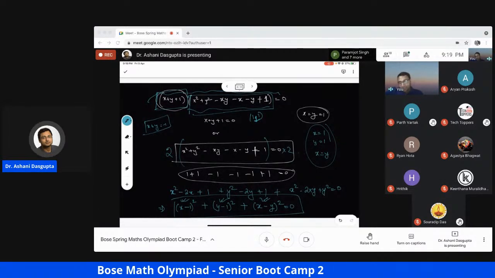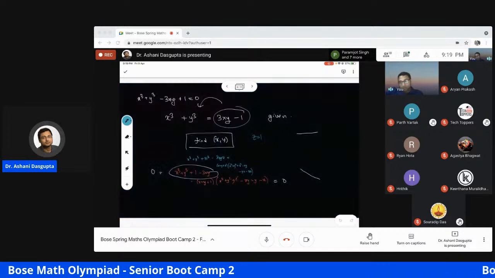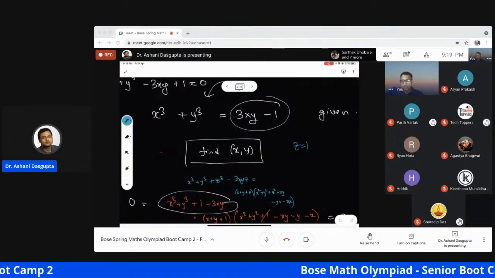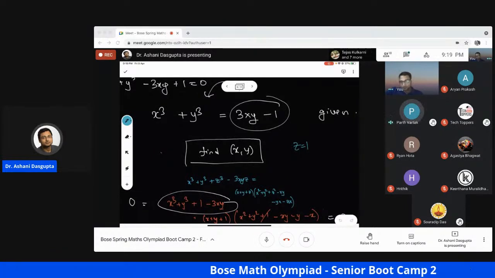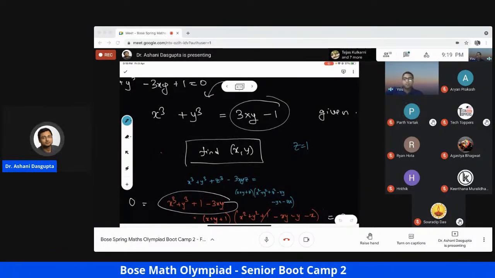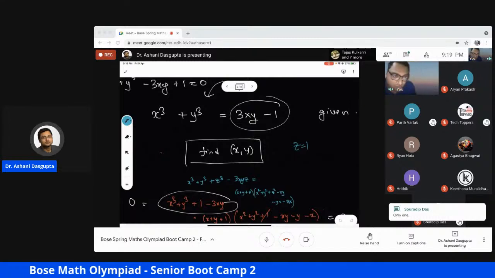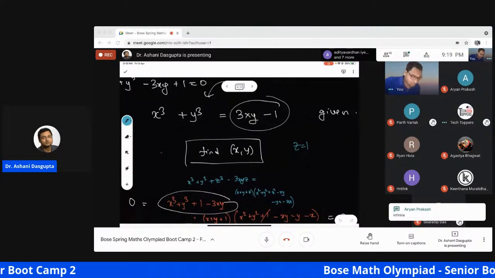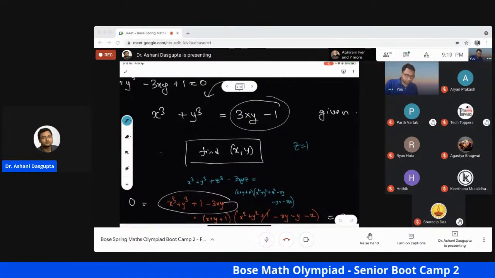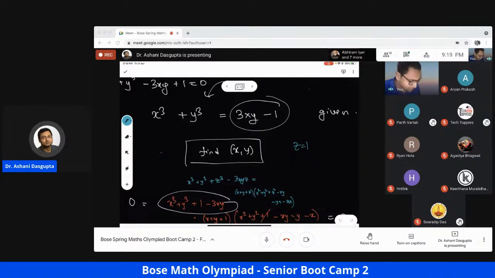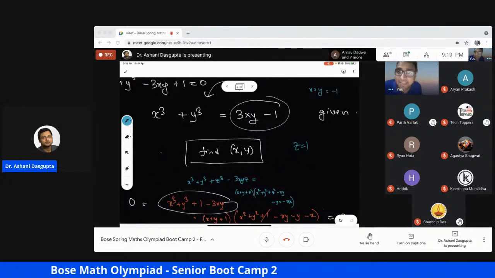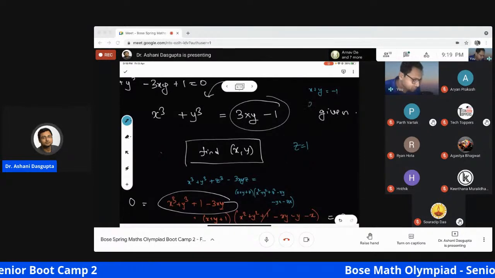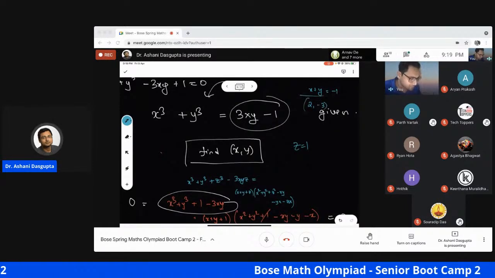So what can we say about the number of solutions to this equation? There would be infinitely many solutions to this equation. Is that the answer? Okay. So, for example, x plus y equals minus 1 means you could have 2 comma negative 3 here, right?